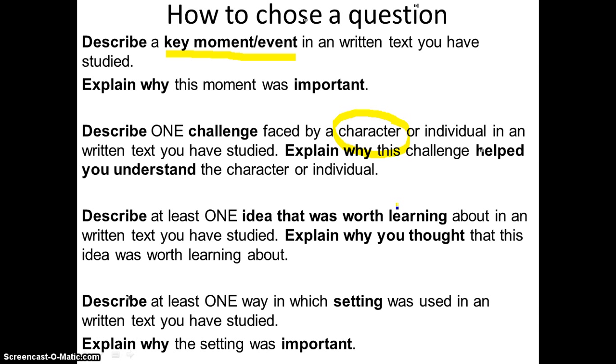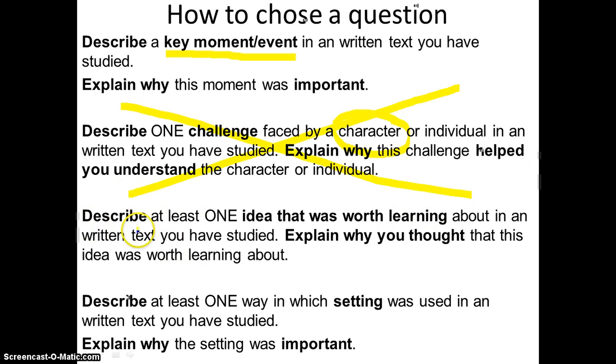And the challenge is that either he dies from being gassed, or if you're talking about the character who's narrating it, the challenge is that he witnesses this death. And because it's such a brief moment, we can't really say that it helped us understand the character. So I think that in this case, this would not be appropriate.